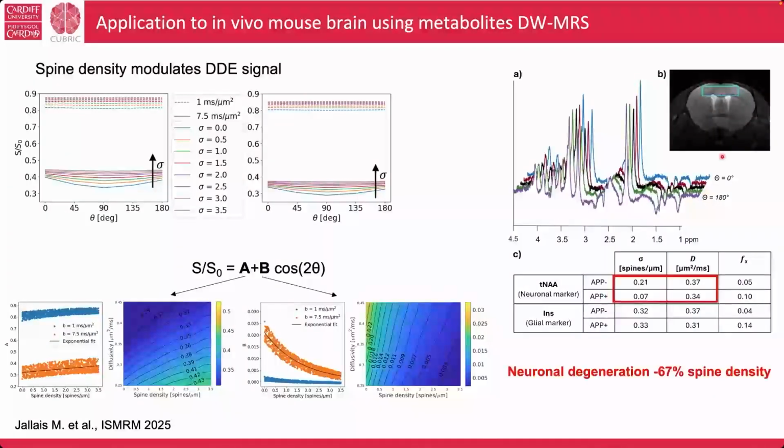And we were able to estimate what our model says is a 67% spine loss and a 250% glial activation, increasing glial volume. And at least for the spine loss, we know that in this animal model, we expect a 60% decrease. So we were very happy with these results.